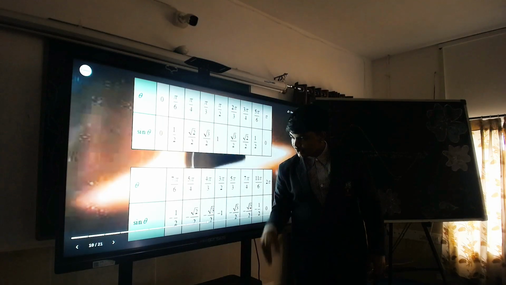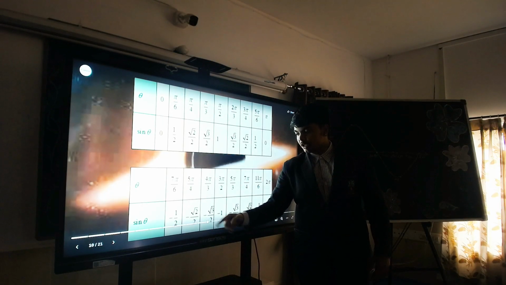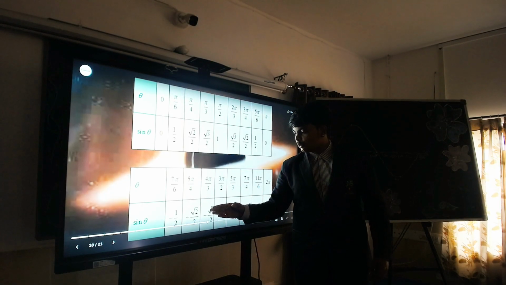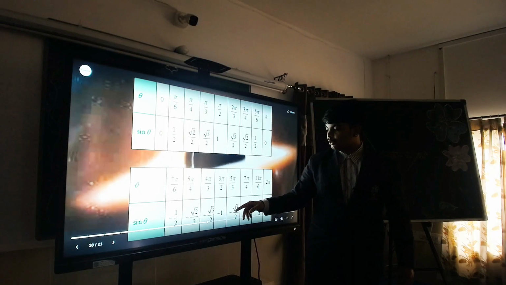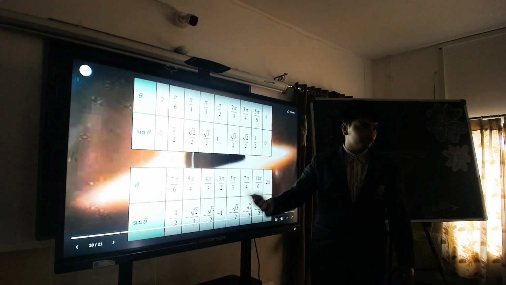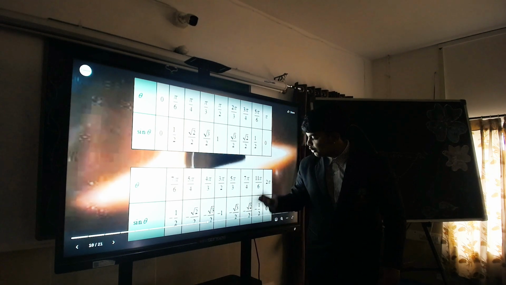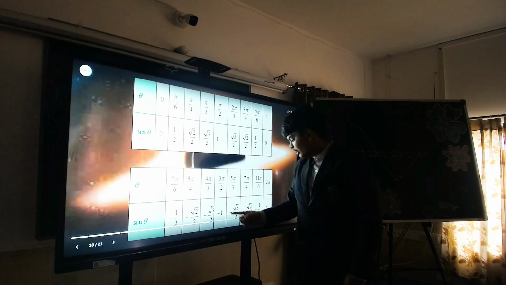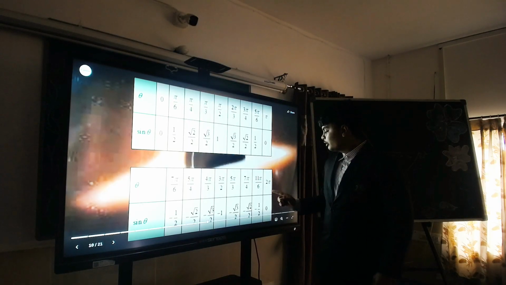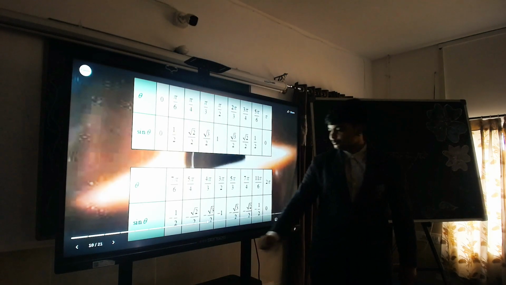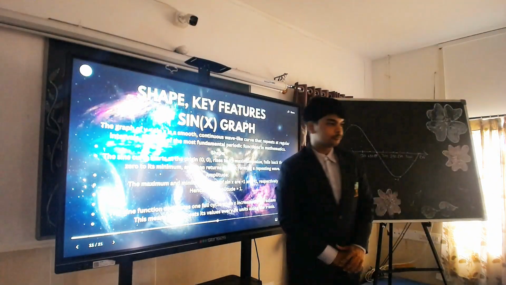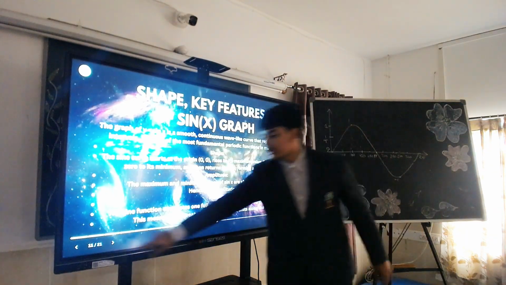Then it goes even further down: 7 pi by 6 is minus half, then 5 pi by 4 is minus root 2 by 2, then minus root 3 by 2. And then suddenly it increases. Once it goes down to the end, its end point is 270 degrees, minus 1. Then it again increases further, and 2 pi will give us 0. I'm just saying that these values are important.